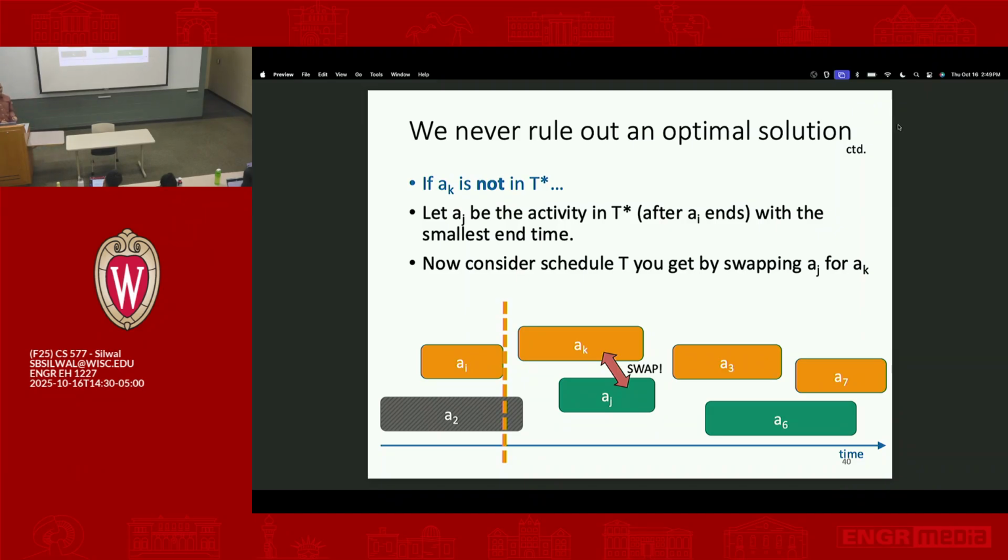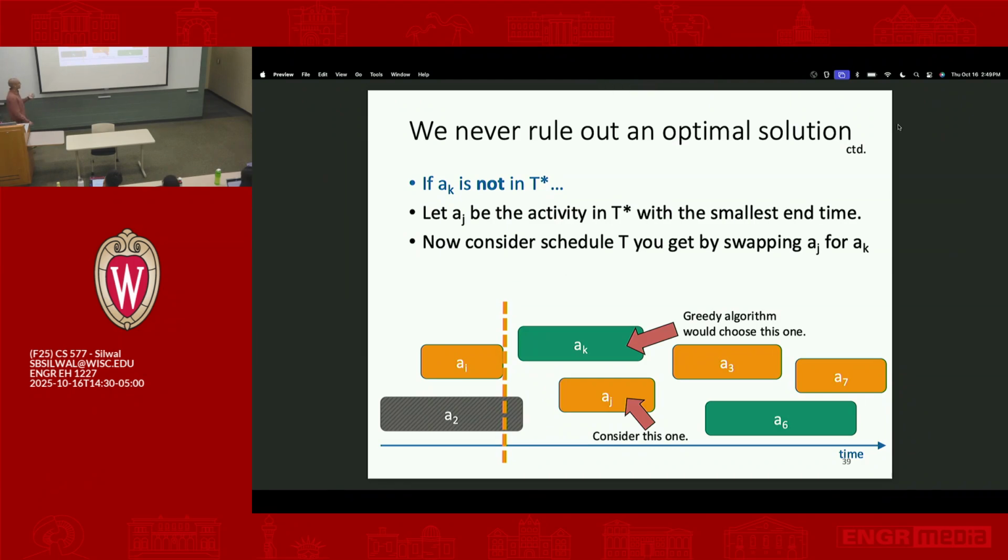Does that make sense? Why it's okay to swap? Like I'm saying, let's say the orange part is the optimal schedule. For some reason, I've already picked this one. That's my partial schedule. And then the next choice I make is this, but then optimal ends up making this choice, and that seems bad because we're no longer tracking the optimal schedule.